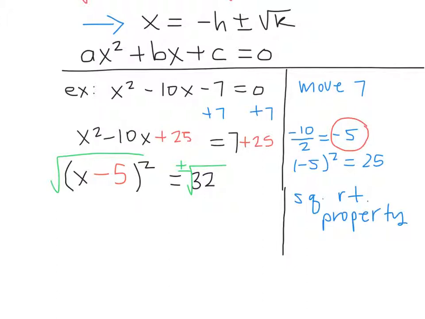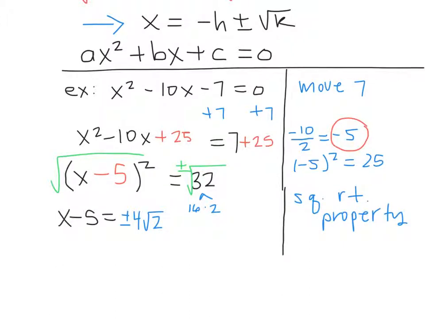So on the left, we just have x minus 5 because the square root undoes the squaring. And we want to simplify that square root of 32. 32 can be written as factors of 16 times 2. So if we take the square root of 16, we get 4, and the 2 stays underneath the square root.